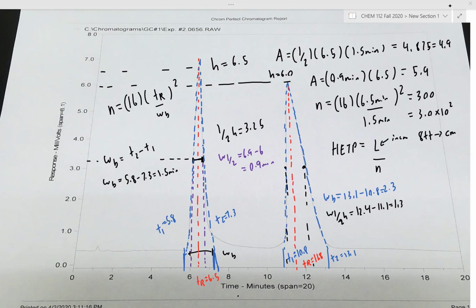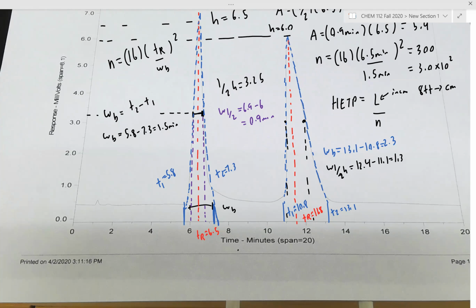So now if we're calculating the area of this peak, the area would be equal to 1/2 times the width times the height, and that in turn gives us an area of 6.9.